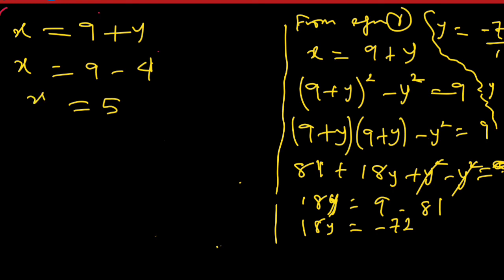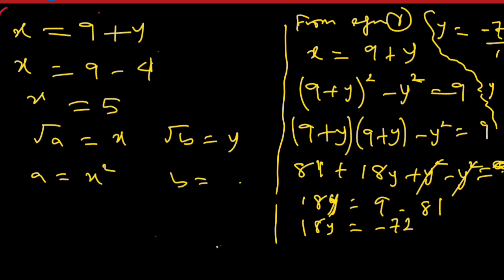Now let's try to look for our a. Don't forget that root a is equals to x and my root b is equals to y. So if I find from here, I can easily get my a. Then my a will be equals to x square and my b equals to y square. Now what is my a?